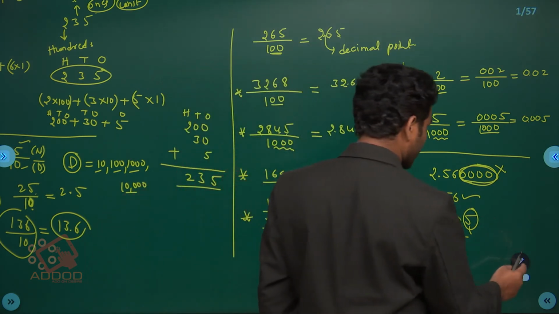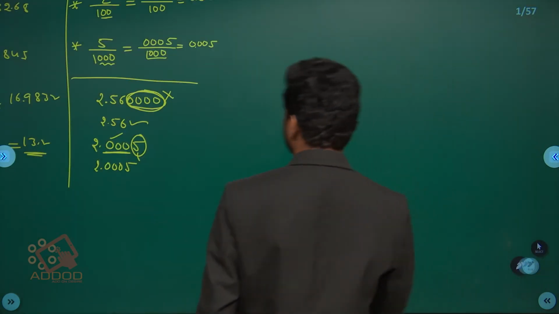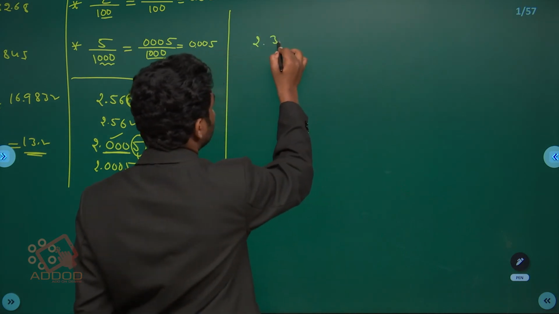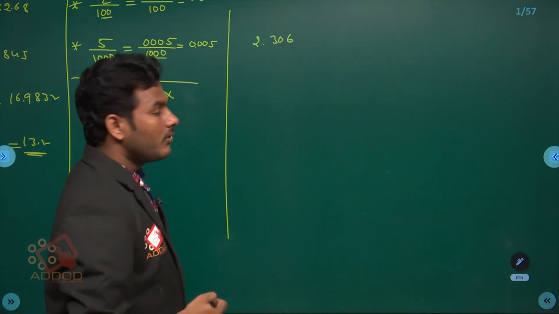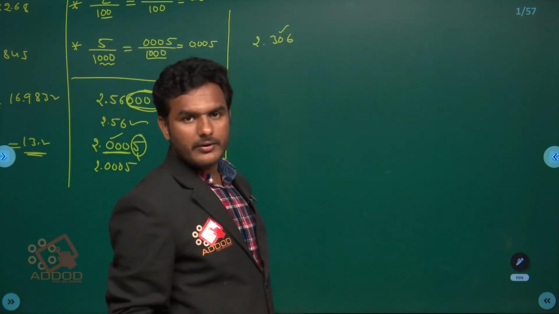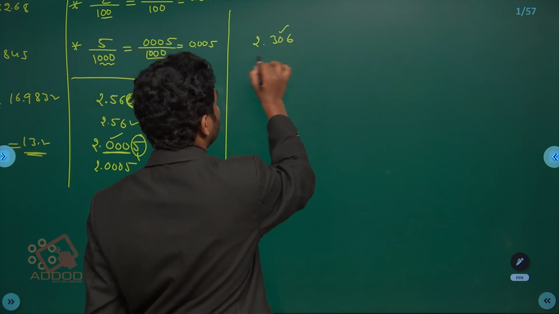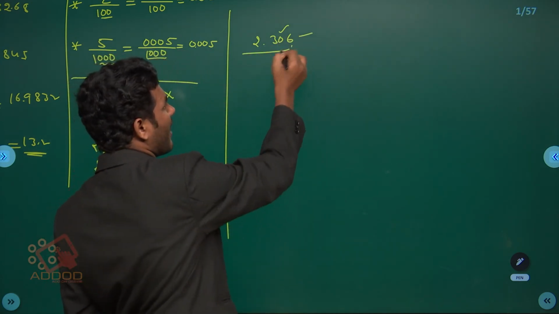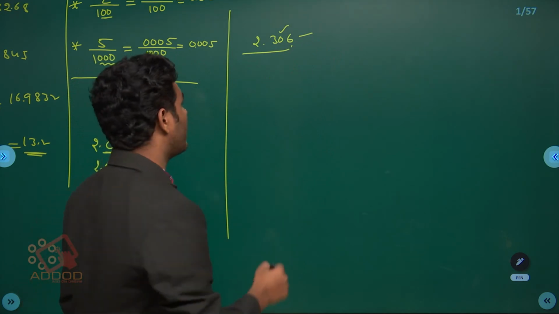Now even if you take a number like 2.306, here 0 is having some value, so 2.306 only we have to write. This is the correct one. Why? Because after the 0 we have 6 as a digit, one more value, right?